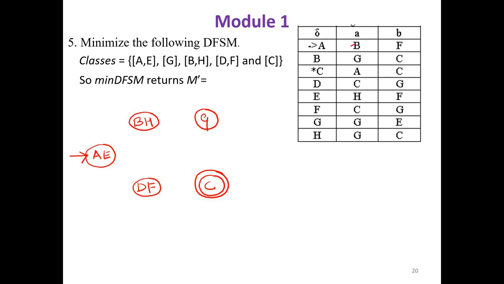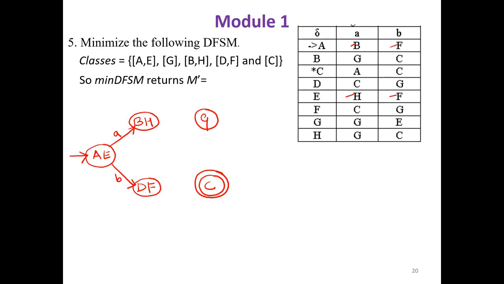A goes to B, E on A goes to H. So AE on A goes to BH. A on B goes to F, E on B goes to F. So for B, it goes to the DF state.